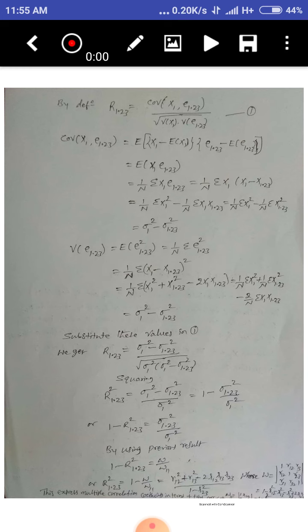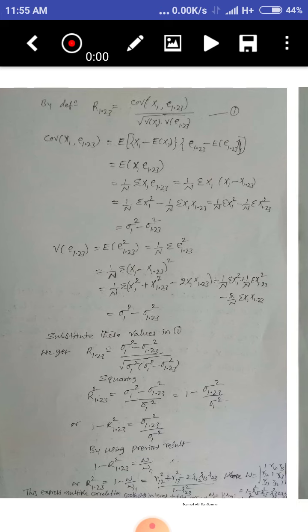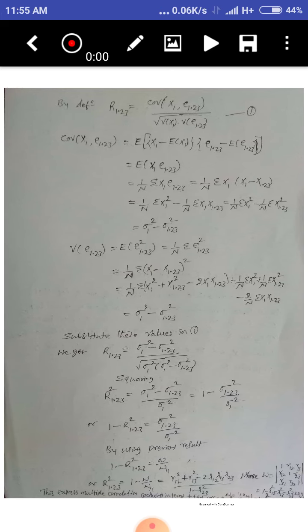Squaring on both sides, we get R1.23 square equals sigma 1 square minus sigma 1.23 square divided by sigma 1 square, which is 1 minus sigma 1.23 square divided by sigma 1 square. Transferring R1.23 square to this side and sigma 1.23 square upon sigma 1 square to that side, we get 1 minus R1.23 square equals sigma 1.23 square divided by sigma 1 square.